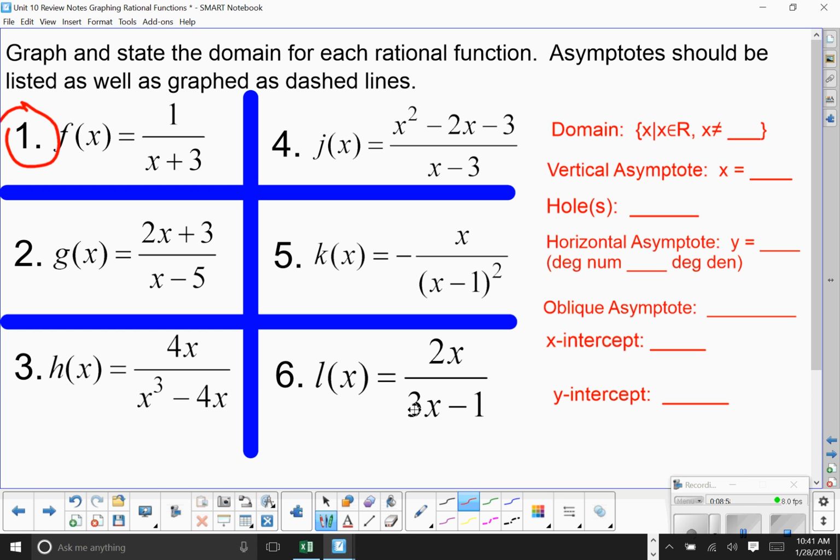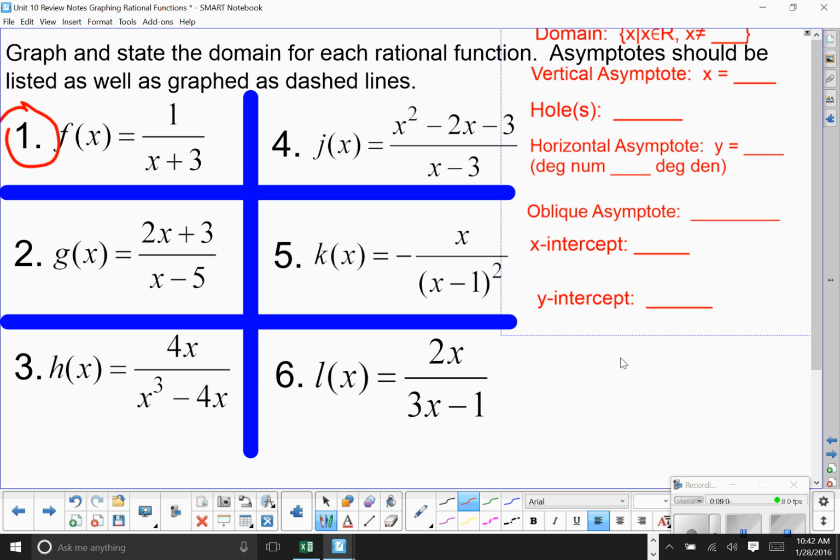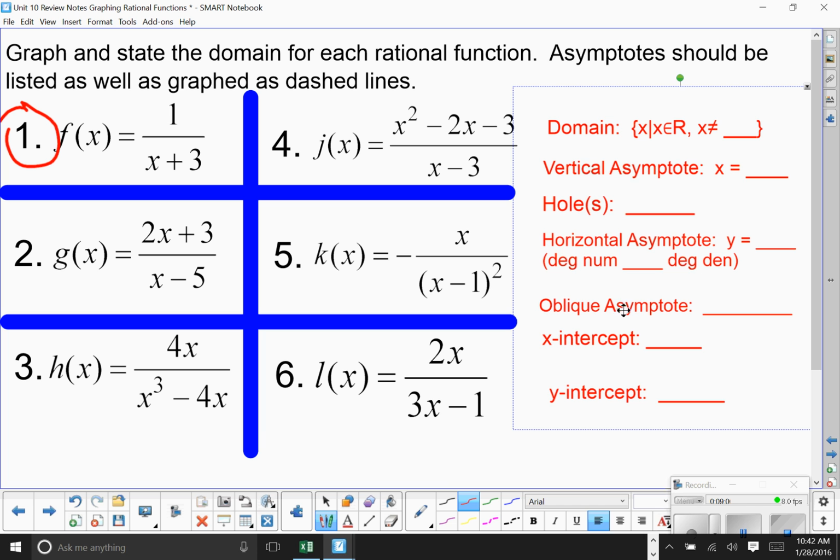Now, what I've done is set up this little set of things right over here, and you should make a copy of it. For each one of these 6 problems, you want to answer all of those questions. So you want to do the domain, the vertical asymptote, the hole or holes if any, horizontal asymptote.